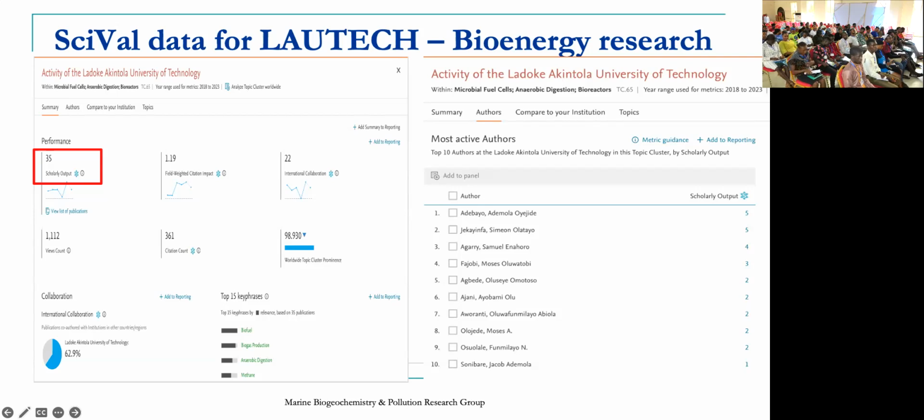These are the most active, the top 5, the top 10 authors from your university that are focusing on this topic cluster. And I want to say that, well, this is quite encouraging, but there's more to be done. It's a good start, but you can do more on this.